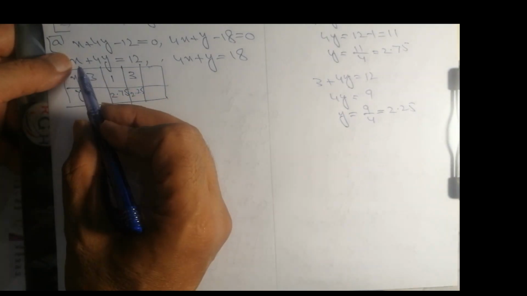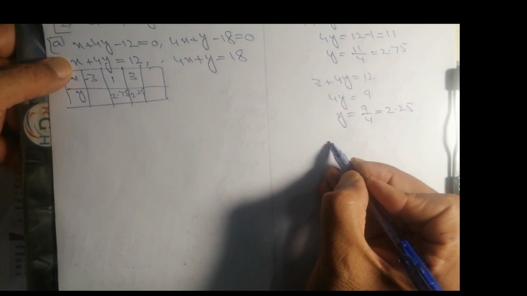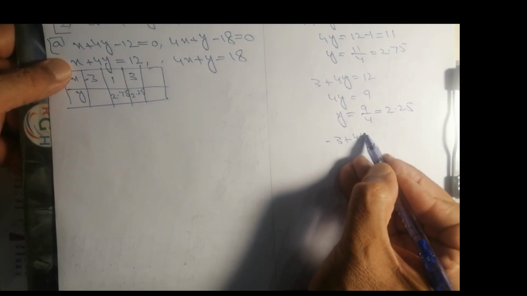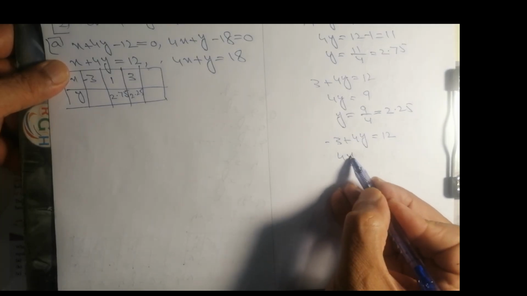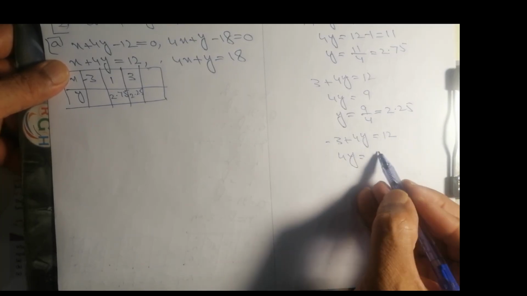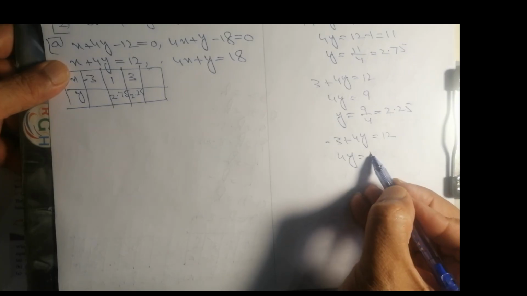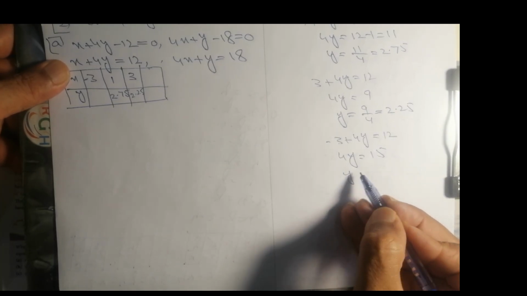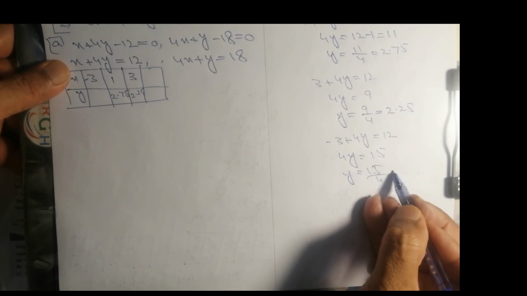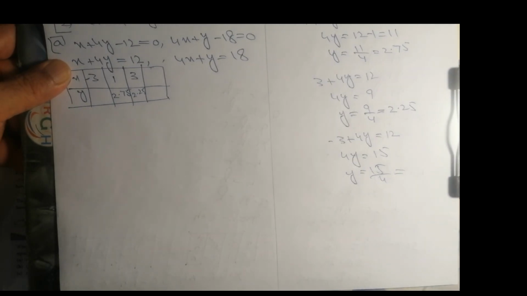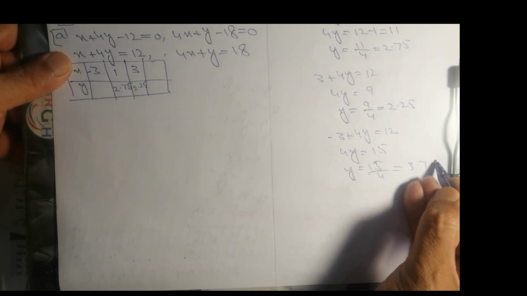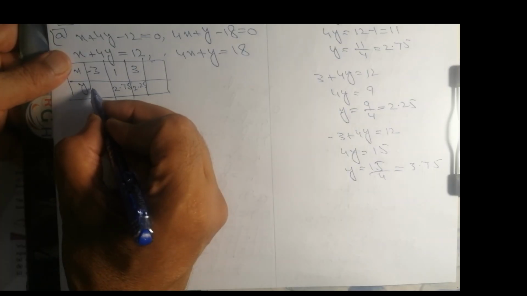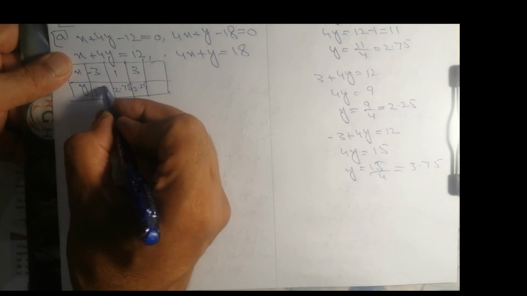Now put minus 3 here. Minus 3 plus 4y equal to 12, 4y equal to, this 3 will be plus there, 15, and y equal to 15 by 4, that is 15 divided by 4, 3.75. So this is 3.75.